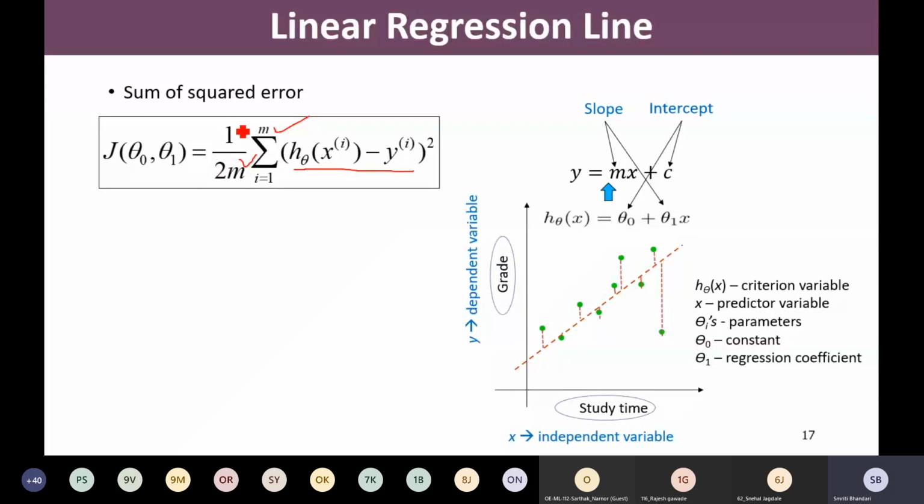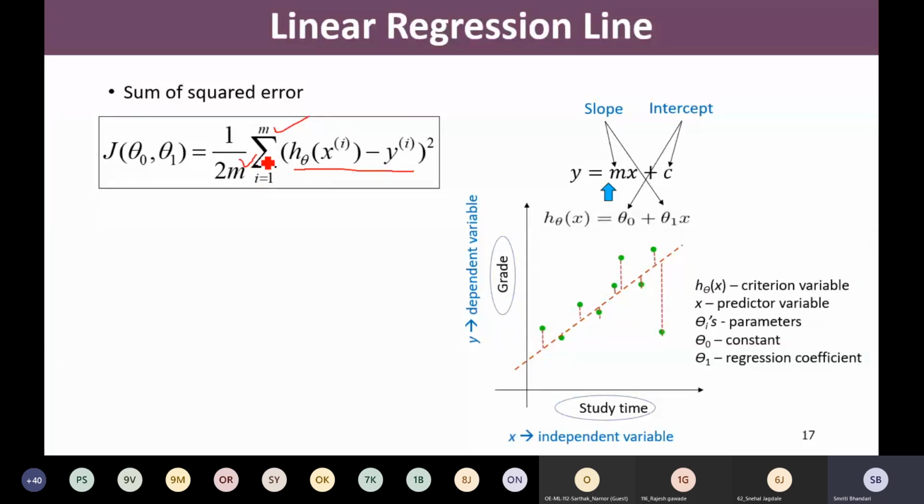So in fact, we may write it like 1 divided by m, summation over i equal to 1 to m, h theta xi minus yi, bracket square. But here we have one more multiplier, that is half. So instead of 1 divided by m, we are writing here 1 divided by 2m.